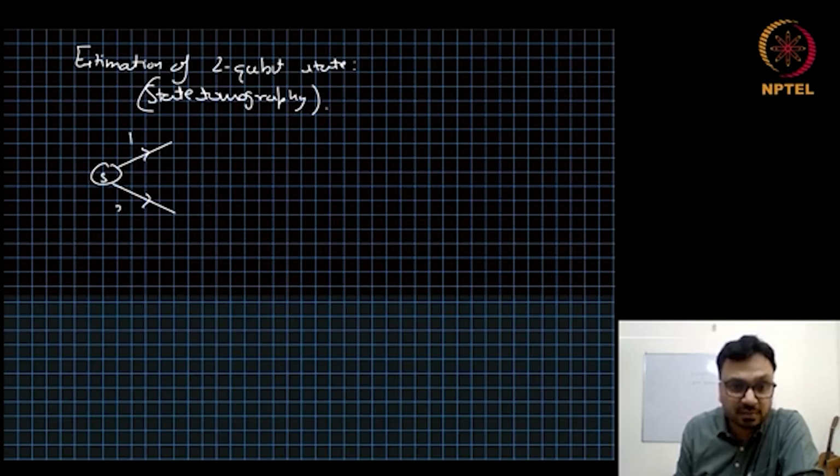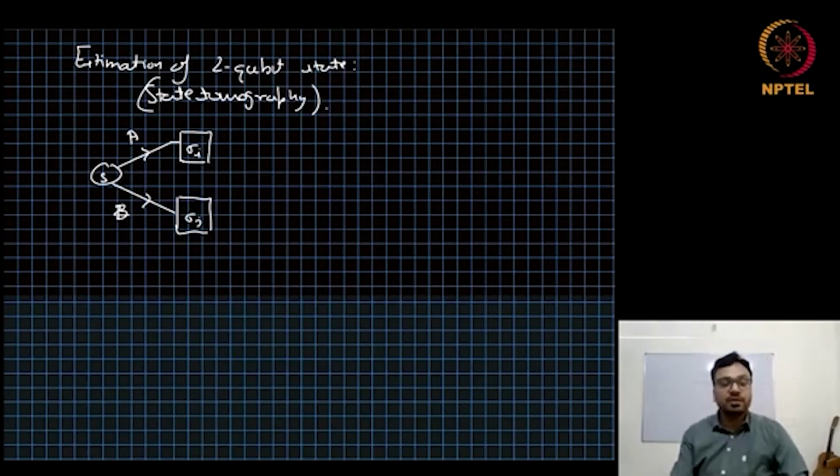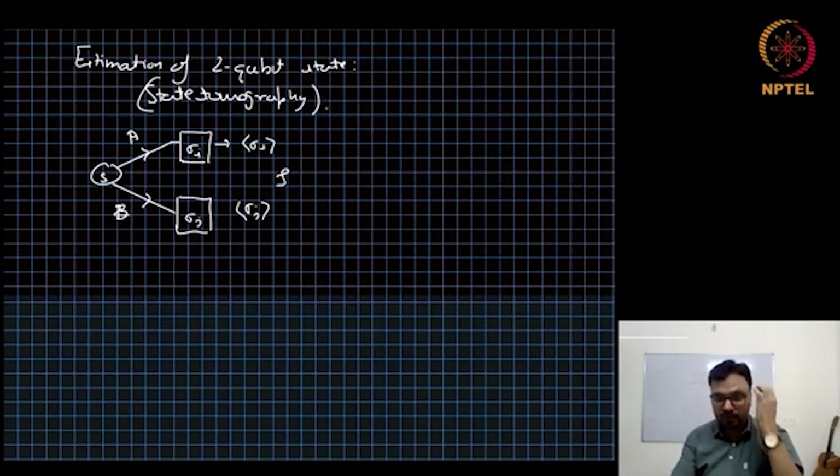This is qubit 1 and this is qubit 2, or A and B. We can perform measurements of sigma x, sigma y, and sigma z on qubit A, and sigma x, sigma y, sigma z on qubit B. We get the output as the expectation value of sigma_i and the expectation value of sigma_j. And from here, the point is, how do we calculate the density matrix rho?